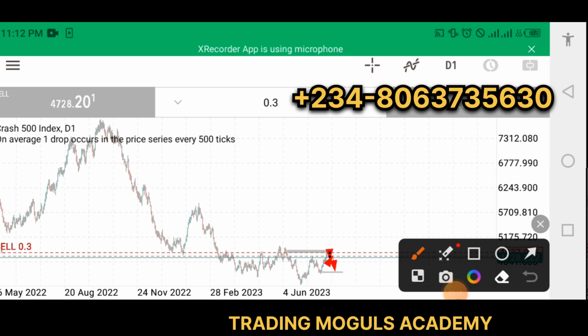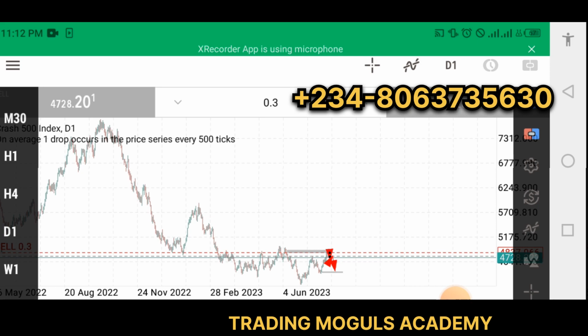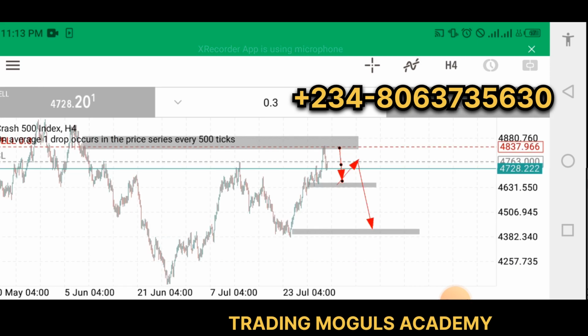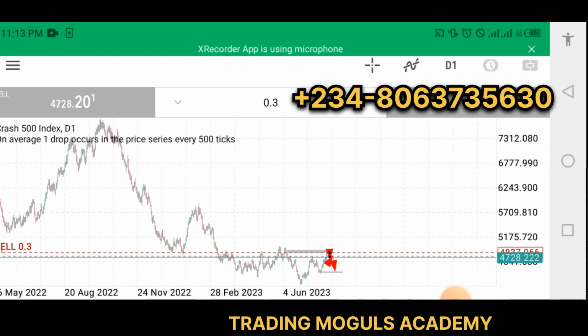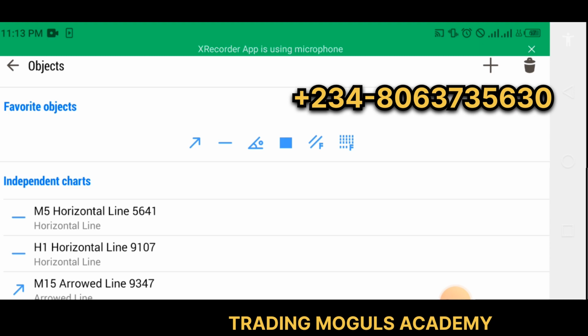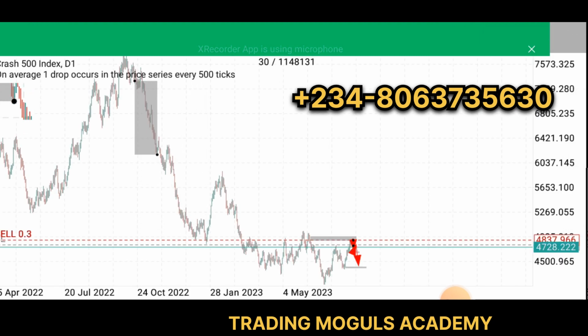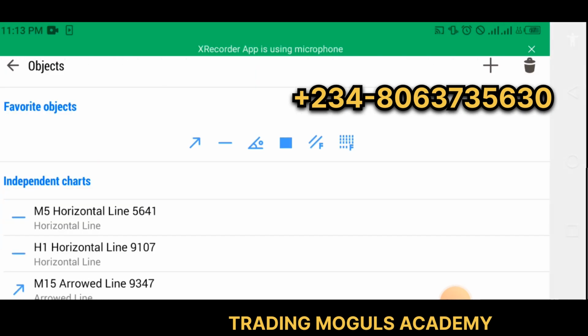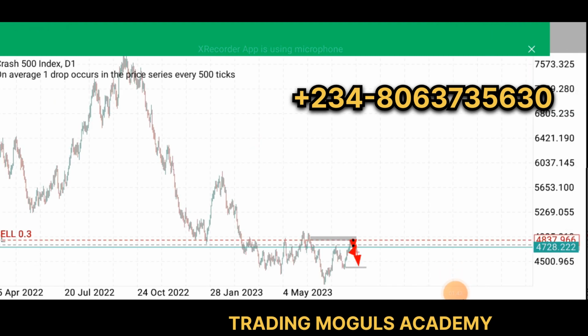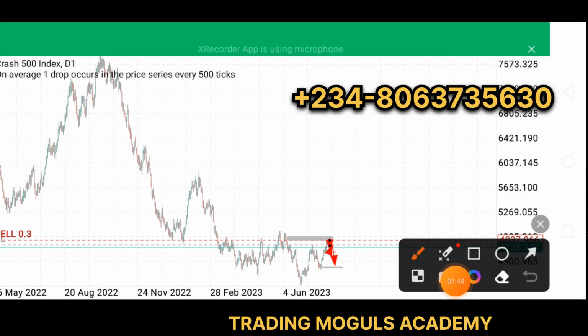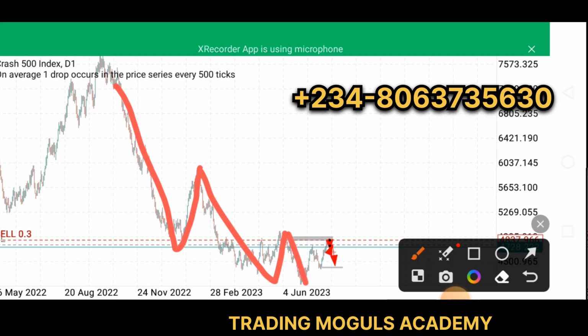We went to our 4H time frame to look for an entry, because on the daily time frame it is creating a lower low, lower high, lower low, lower high, lower low, and here it is retesting back.